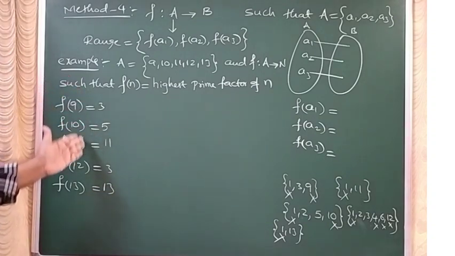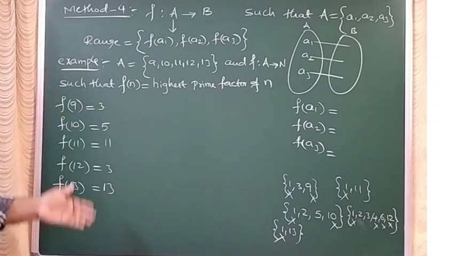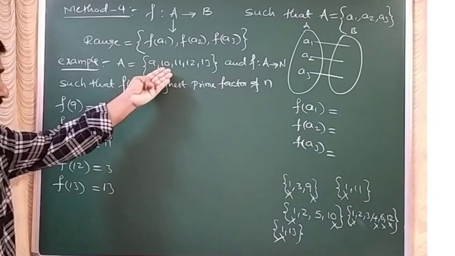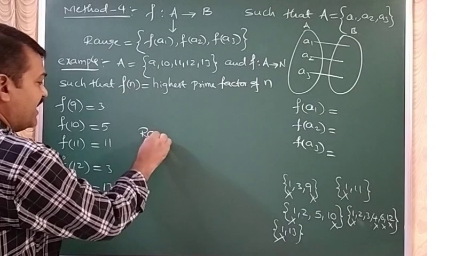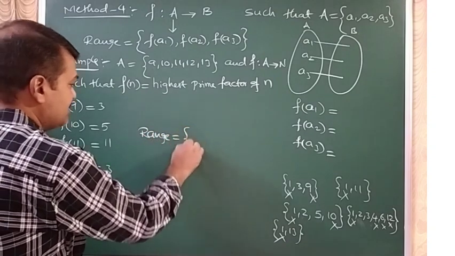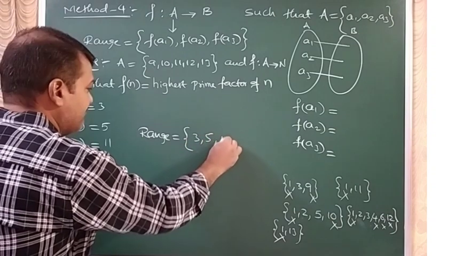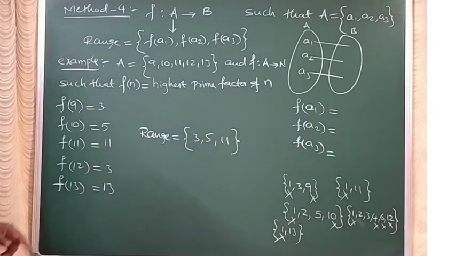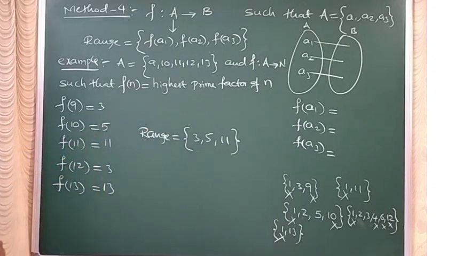So this is the set of all images. These are images only, no? For domain elements, we determined the images. Set of images is nothing but the range. Range is the collection of images. We have 3, we have 5, we have 11. 3 is repeated. Set means we should not repeat the elements.